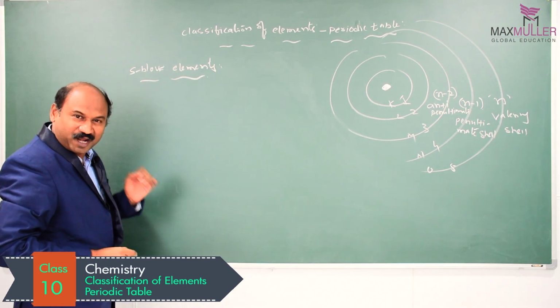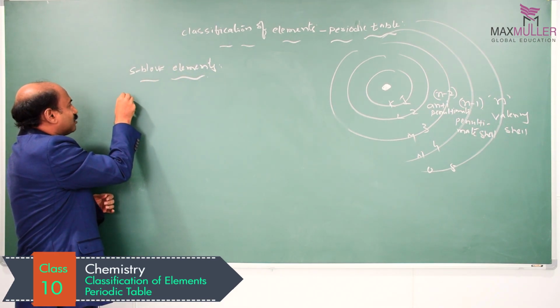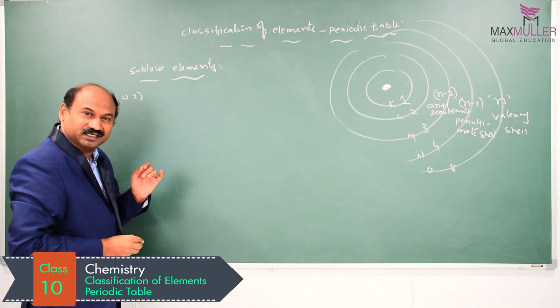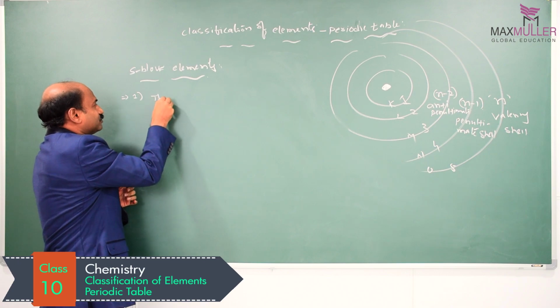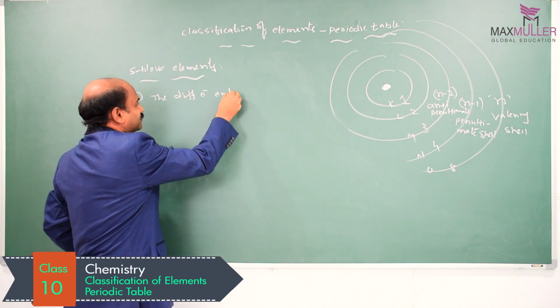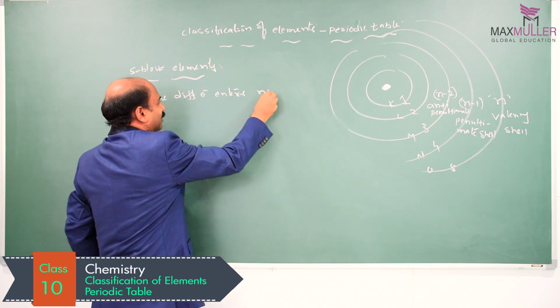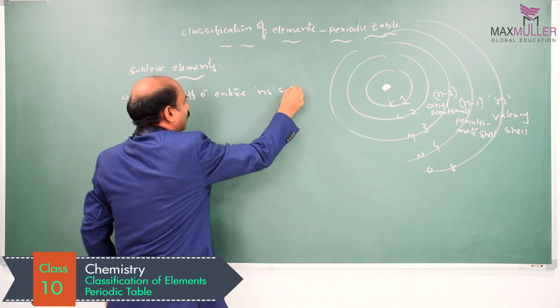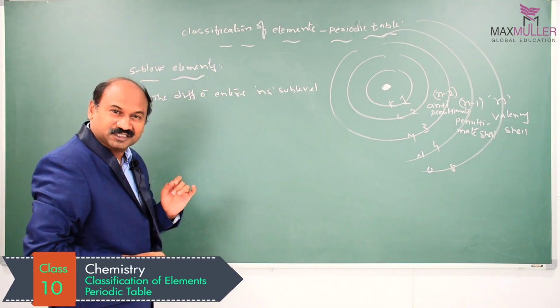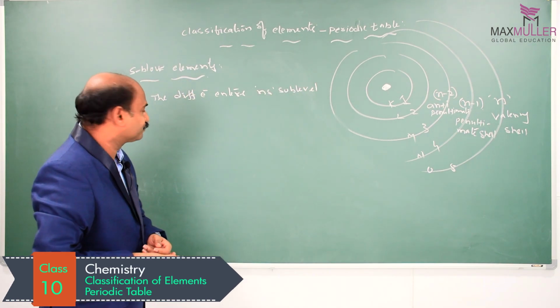So in these s block elements, as I already said to you, the differentiating electron enters the ns sublevel. That means the s sublevel present in the outermost shell.